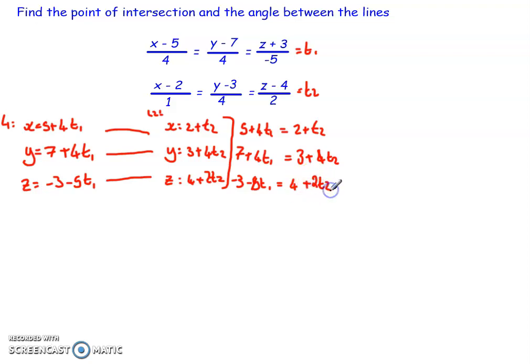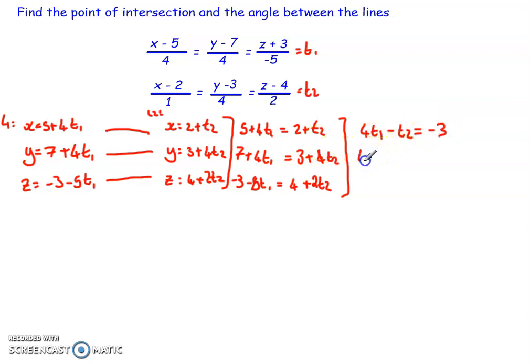So what I can now do is take each of these and rearrange them so I get all the t1s and t2s on the same side. This first one will give me 4t1 minus t2 equals, take the 5 across and I'd get negative 3.